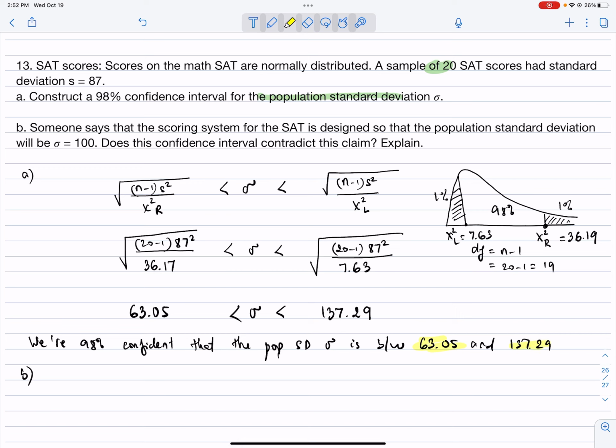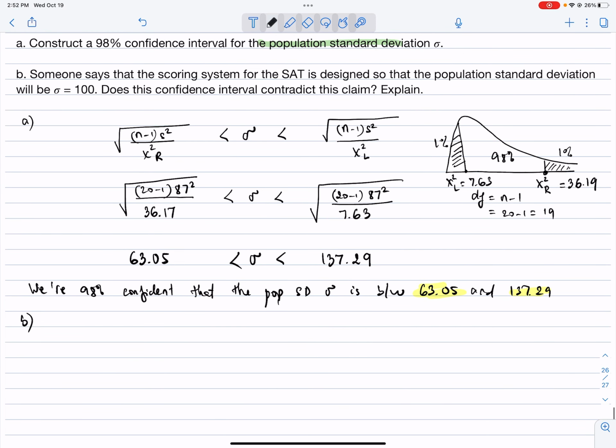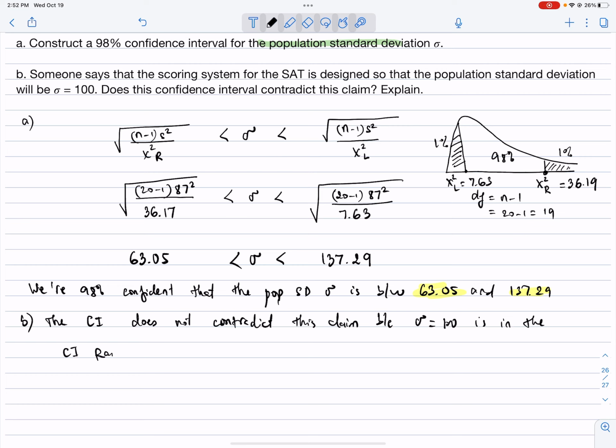So the confidence interval does not contradict this claim, and we explain because sigma equal to 100 is in the confidence interval range that we calculated before, right?